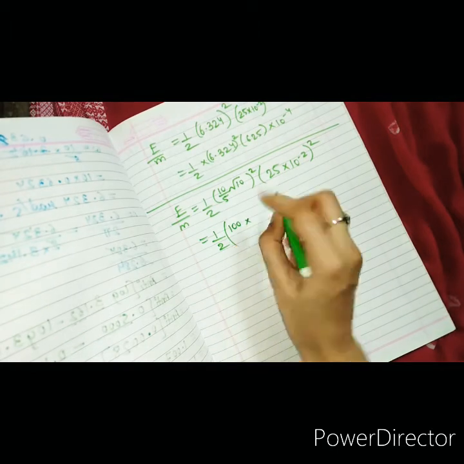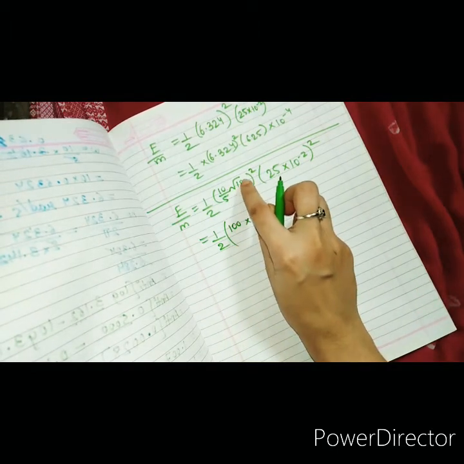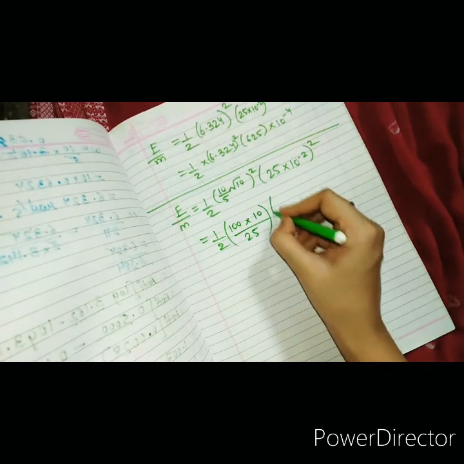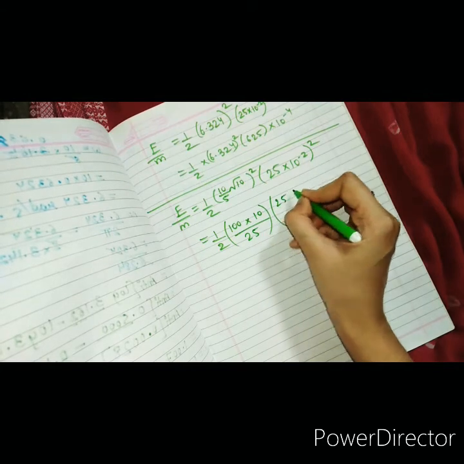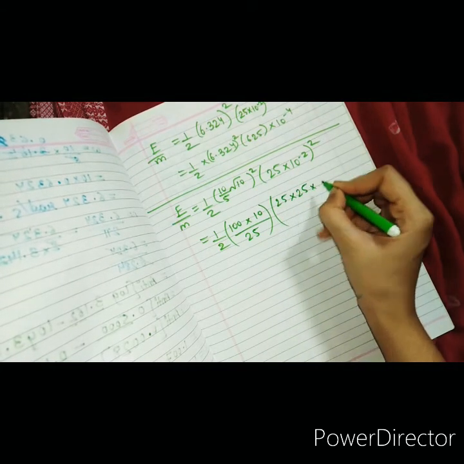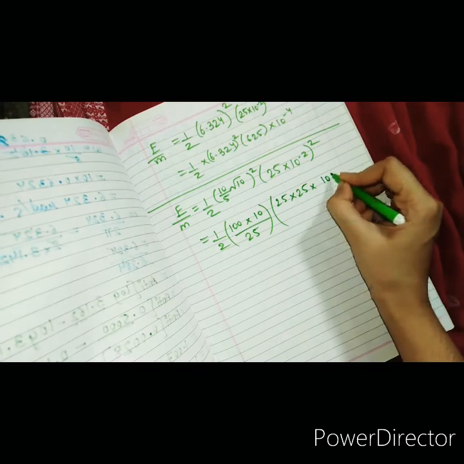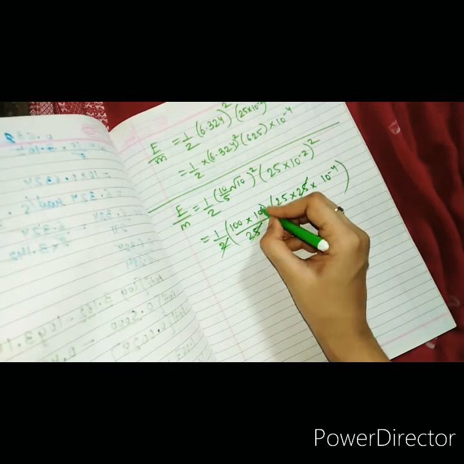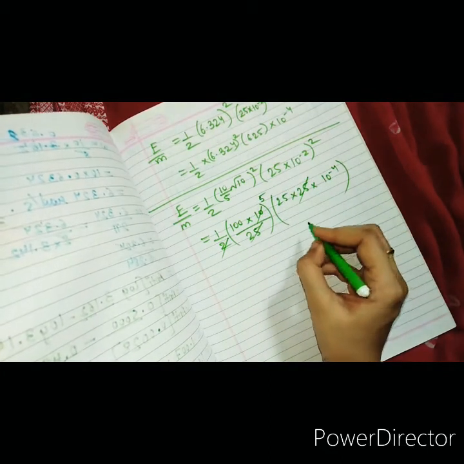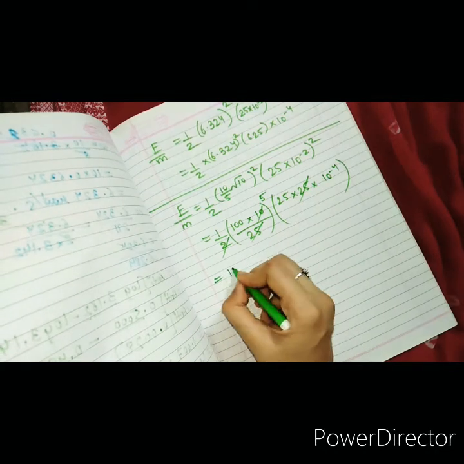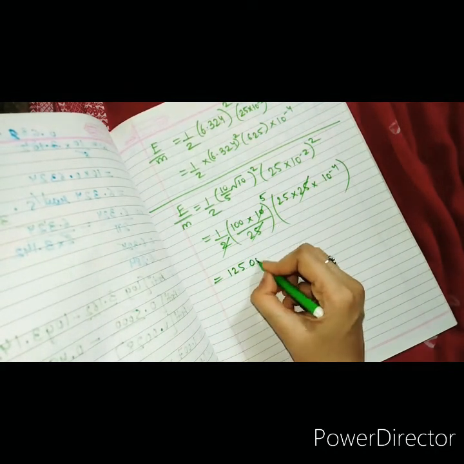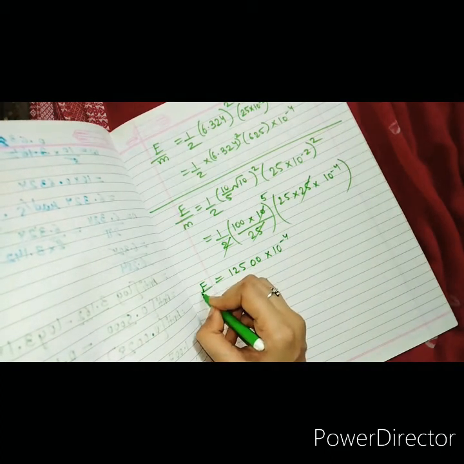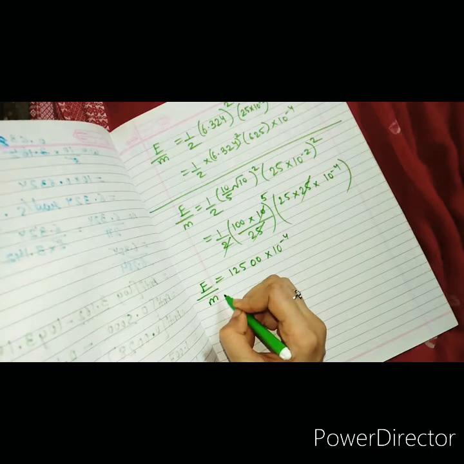So 10 into 10, 100, under root 10. Square root of 10 into square root of 10 is 10. 5 5s are 25. Now here we have 25 into 25 and 10 raised to minus 2 becomes 10 raised to minus 4, right? So 125 from here, 125 from here. 5 into 125 is nothing but 125, and this 2 zeros, into 10 raised to minus 4 gives me energy per unit mass.